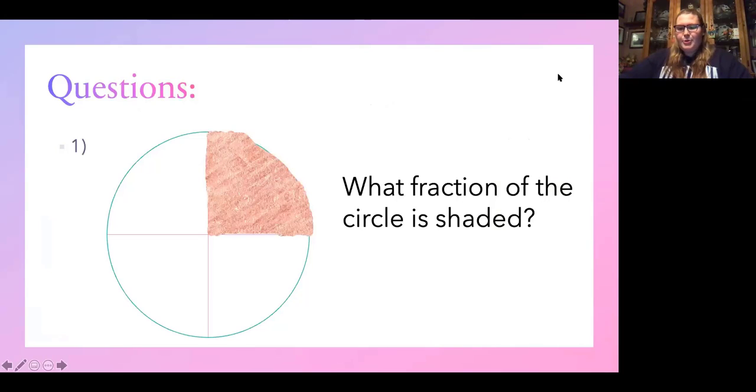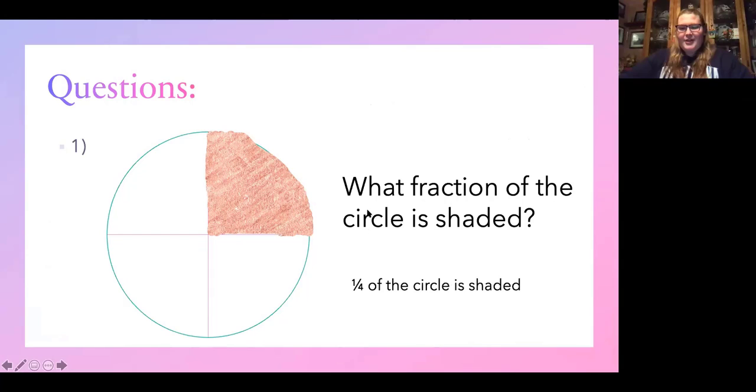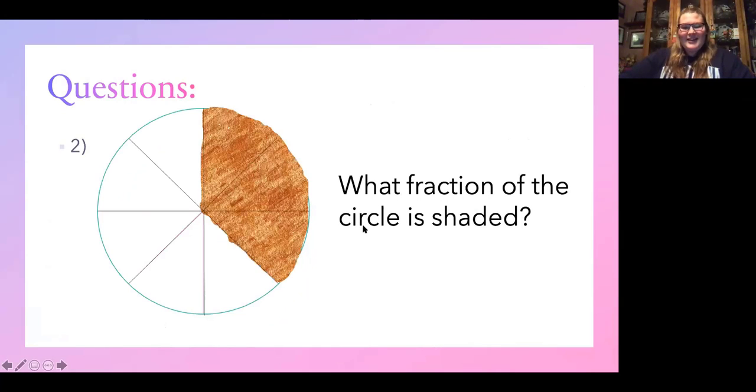All right, so now some questions. What fraction of the circle is shaded? You guys can raise your hand if you know it. Amanda. 1/4. 1/4, good job. All right, what fraction of this circle is shaded?